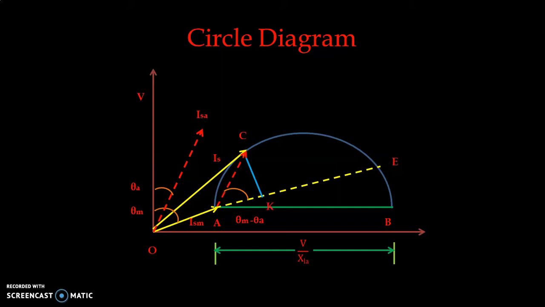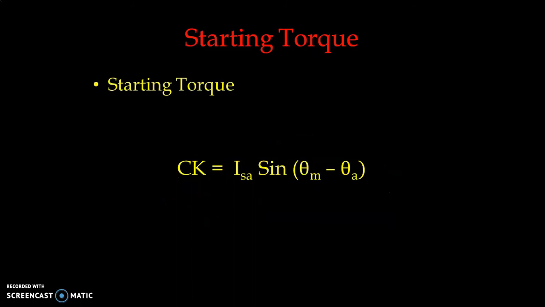And from the geometry of the circle diagram, we can see that CK, that is the perpendicular line to the torque line, is exactly equal to ISA sine theta m minus theta a. So we can write that starting torque is equal to CK, and CK is exactly equal to ISA sine theta m minus theta a.